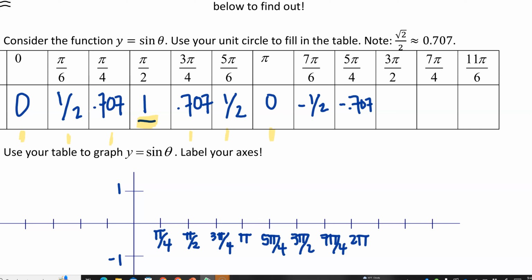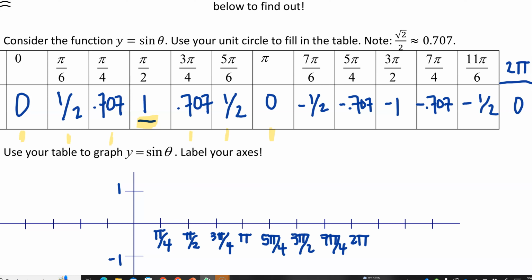Negative. Sine of 3 pi over 2 is a what? Negative 1. Sine of 7 pi over 4 is going to be a what? And then sine of 11 pi over 6 is back to a negative 1/2. And then let's go ahead and add a 2 pi in there. So what is sine of 2 pi? Back to a what? 0.